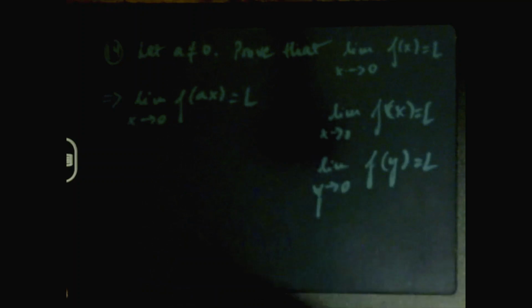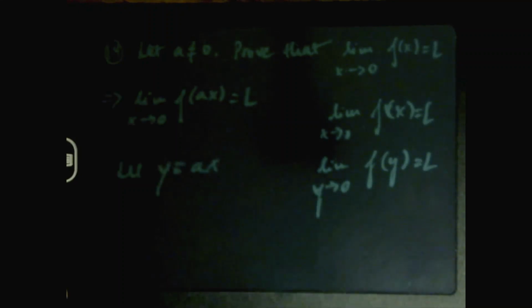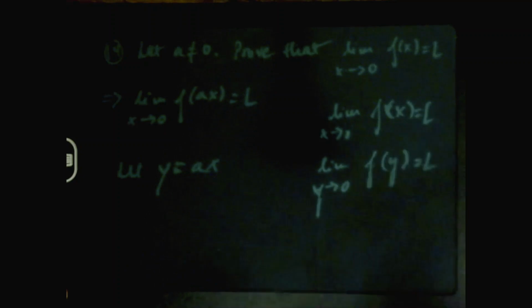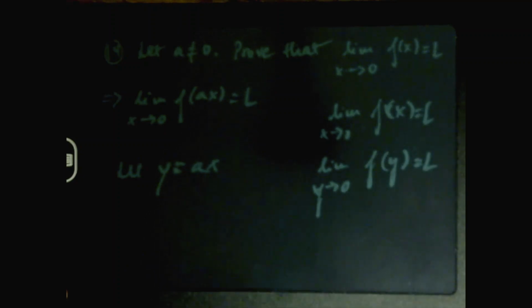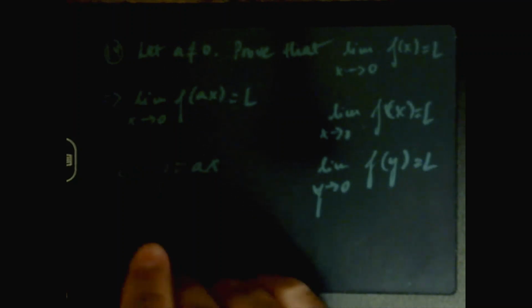So what I'm trying to show you when I do that is, imagine this. Let y equal a times x. So I'm defining a new ad hoc function in a sense. So we have y. What happens to y as x tends to zero?